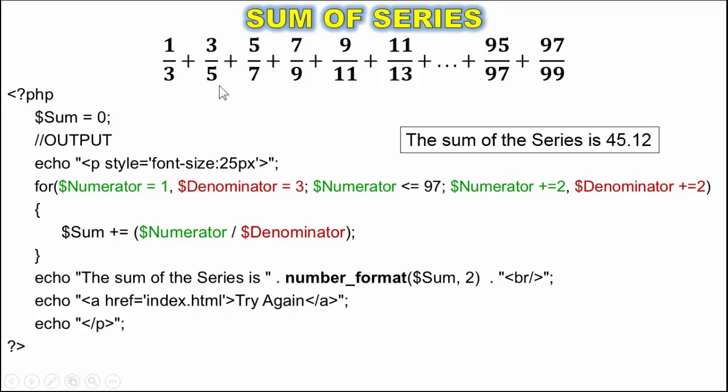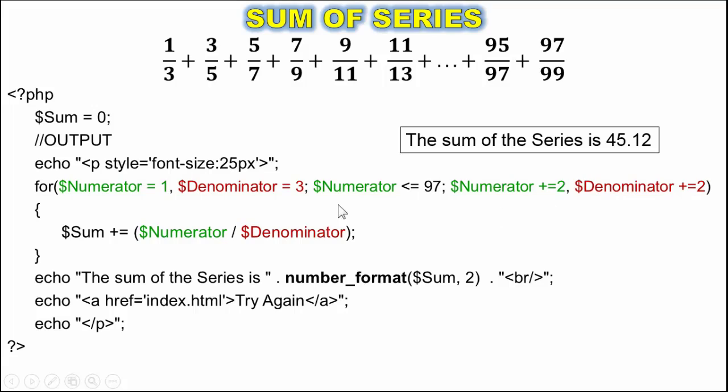From 3, it becomes 5. From 5, it becomes 7. Therefore, our increment statement will be $numerator plus equals 2 and $denominator plus equals 2.